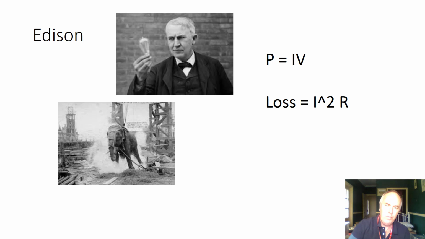Now his main thing was that he had backed DC generation, DC distribution, on the basis that it was the only safe thing. You couldn't electrocute yourself or necessarily die from a DC voltage. You required the AC voltage to fight or disrupt the heart.